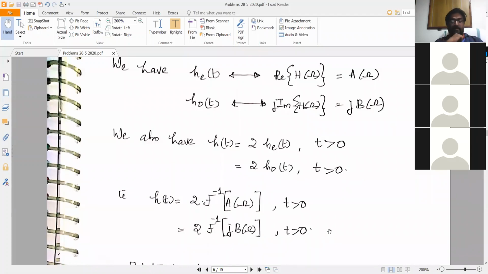Is that clear? Okay, so which means that you can compute h(t) if you are given only A(omega) or B(omega). So which also means that if you are given A(omega), you can also find out j B(omega).